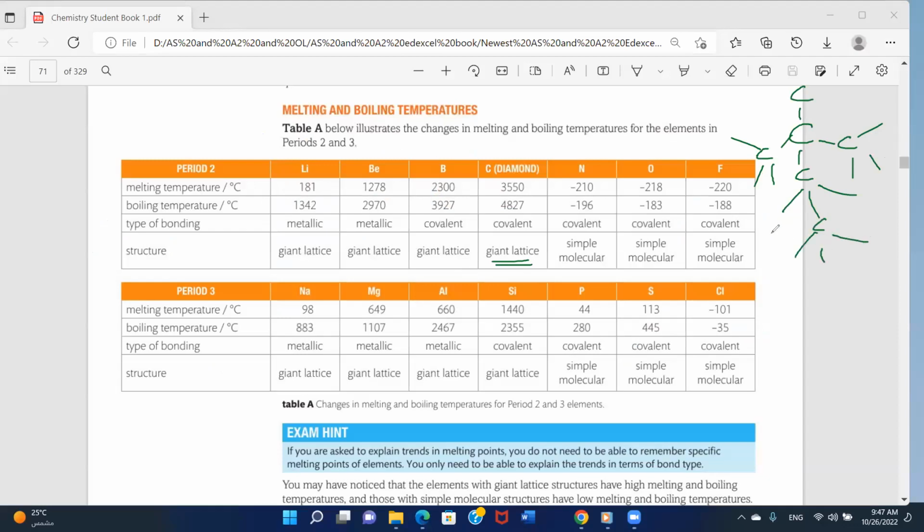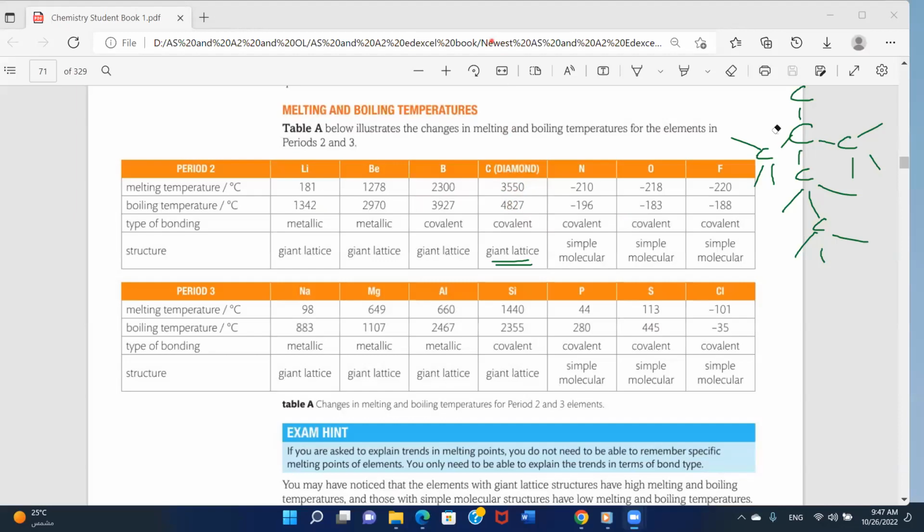We have thousands of carbon-carbon covalent bonds that require a lot of energy in order to be broken. So diamond has the highest in group 4. It has the highest melting and boiling temperatures compared to all the other elements.